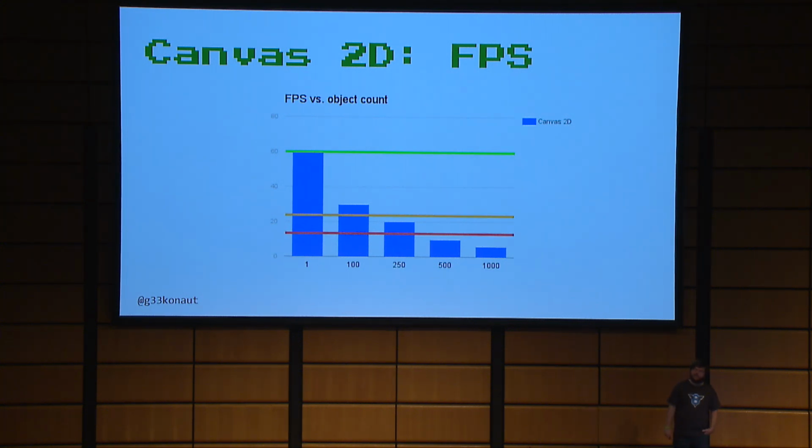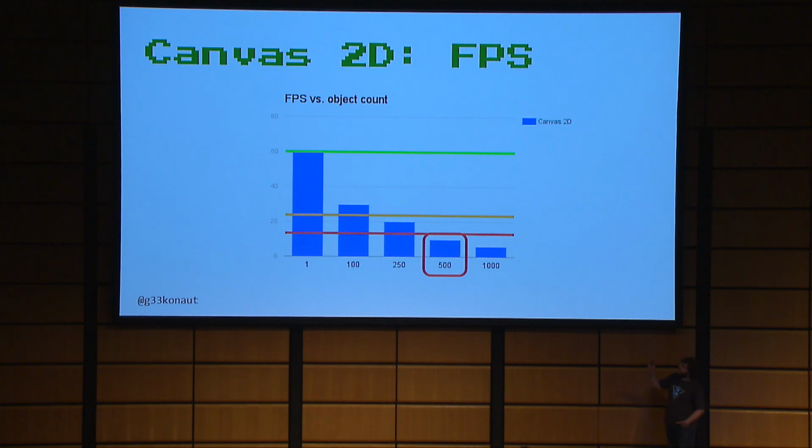Because really, the top line is what you want to hit, and the medium line is what you should at least hit. It's like 25 frames per second that make an animation look more or less smooth. And everything below like 12 frames per second is just a slideshow. So the performance doesn't look terribly great here, except when you only draw one image. That's amazing. Can we have a look at what WebGL does?